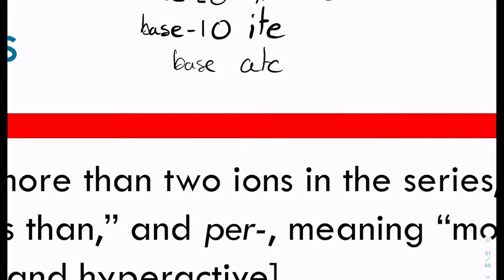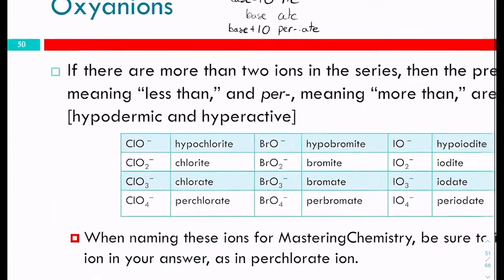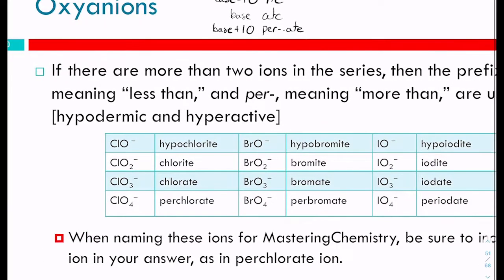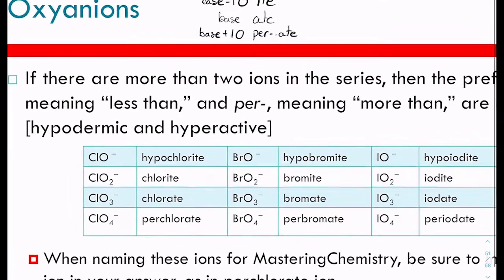And then we can have per-ATE, which is the base plus 1 oxygen. It all got cut off.